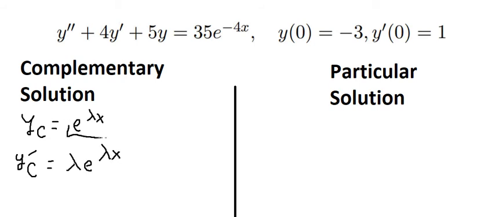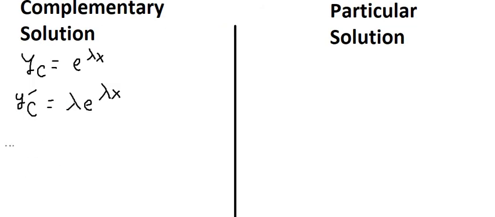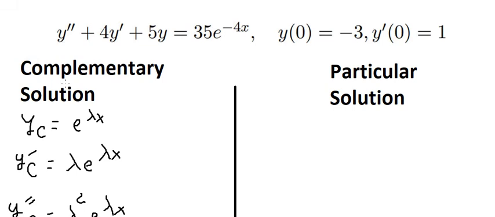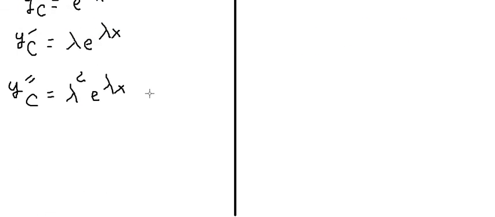Because if we do the first derivative of this one, we keep this in here, and then the first derivative of lambda s gives lambda. And now the second derivative gives lambda squared e to the power of lambda s. Because this is the complementary solution, this one equals 0.